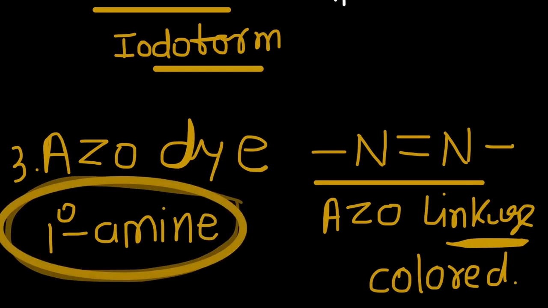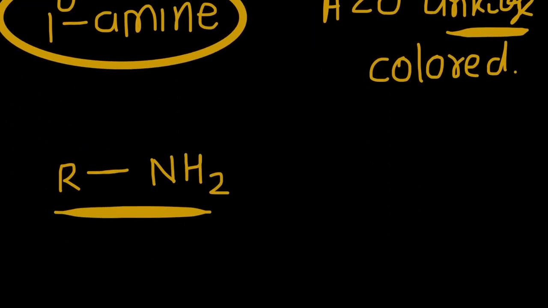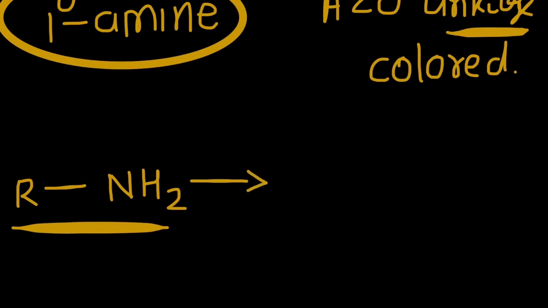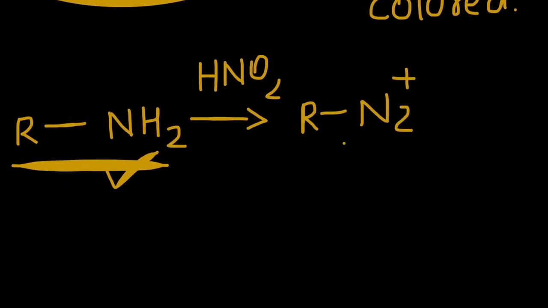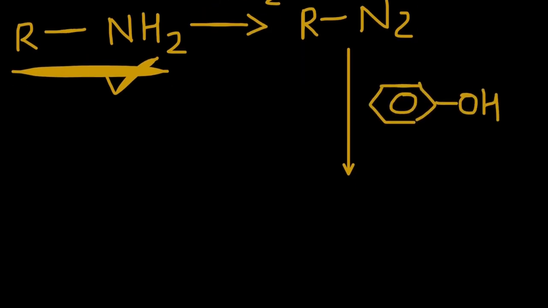gives azo dye. Why? See. Primary amine reacts with nitrous acid. In the presence of nitrous acid, the primary amine converts into a diazonium salt and the reaction with highly reactive phenol gives the azo dye.